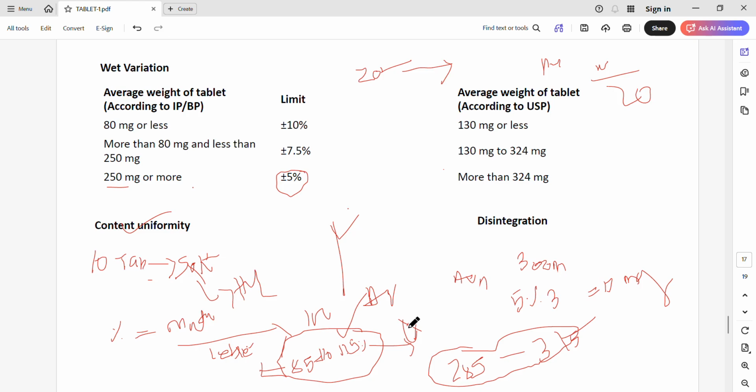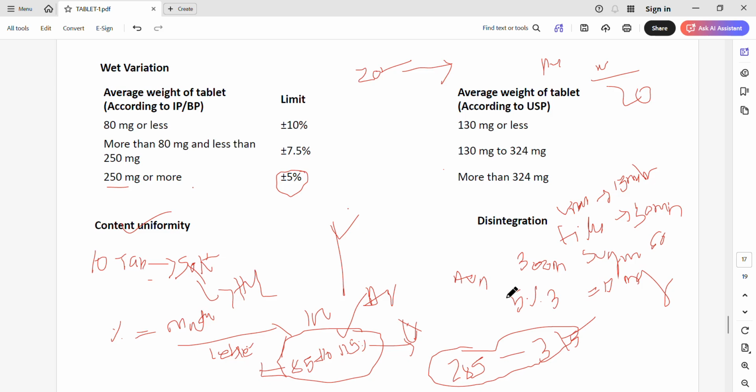Now we discuss disintegration. The disintegration time for uncoated tablets is 15 minutes. For film coated tablets it is 30 minutes. For sugar coated tablets it is 60 minutes.